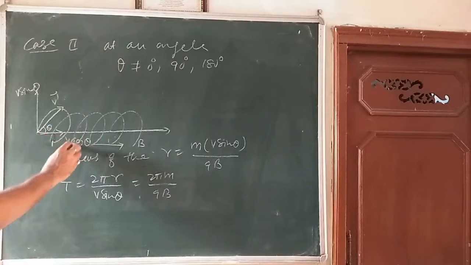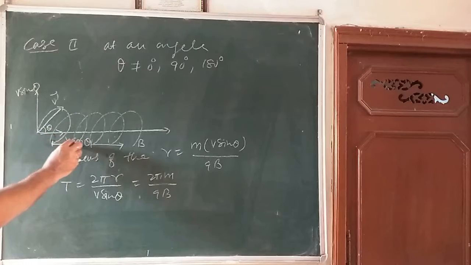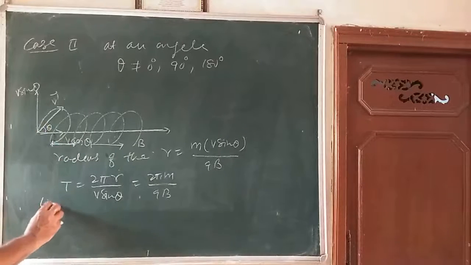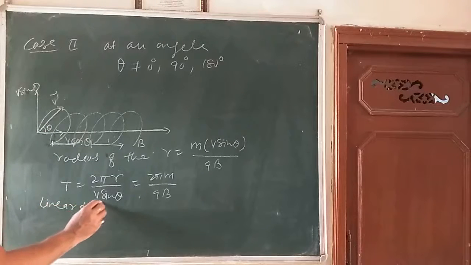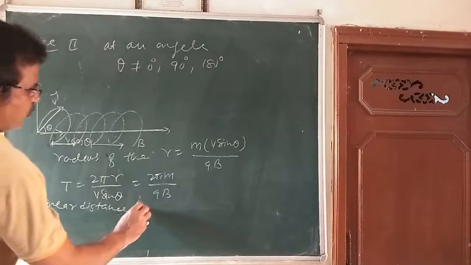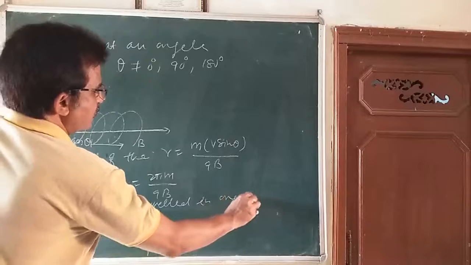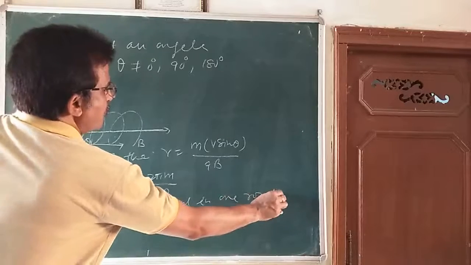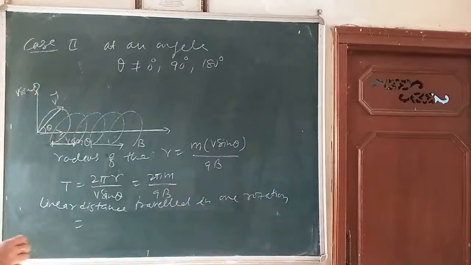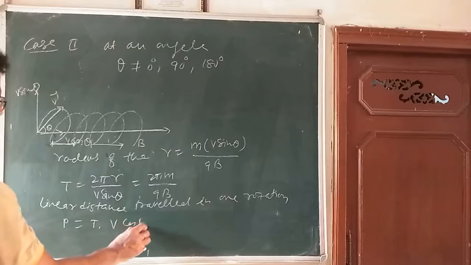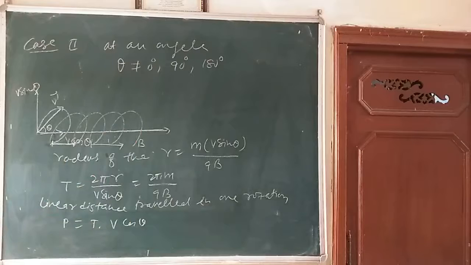The distance from here to here, or from here to here, is called the pitch p of the helix. This is the linear distance travelled in one rotation. That is equal to p, where the time period is T and the velocity along this magnetic field is v cos theta.